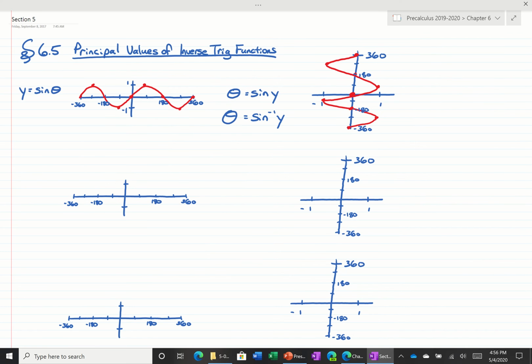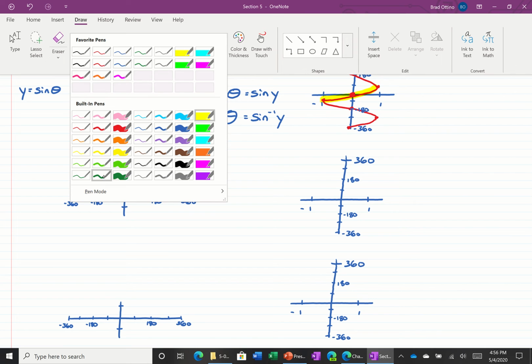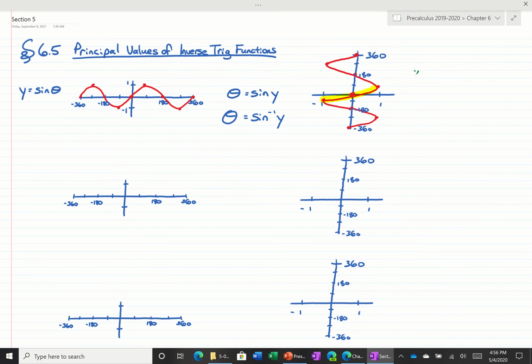In order to do that, what we're going to do for sine is restrict the inverse just from this graph right here. That highlight means that whenever we ask our calculator to find the arc sine, it only gives us values between negative 90 degrees and positive 90 degrees.